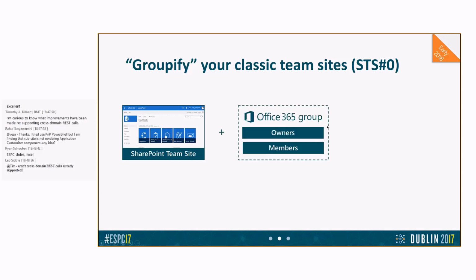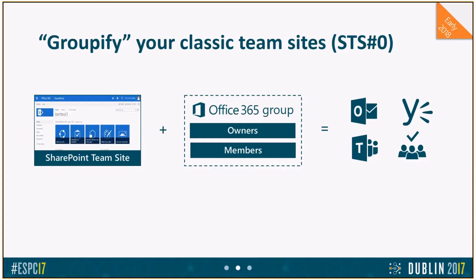So what happens? You create a team site, you connect a 365 group to it, and that gives you all the goodness of having a mailbox for that site, creating a team for that site. So you don't have to start from scratch when you want to use Teams, because some people think Teams is great, but I need to copy my content from the old SharePoint site to my new SharePoint site.